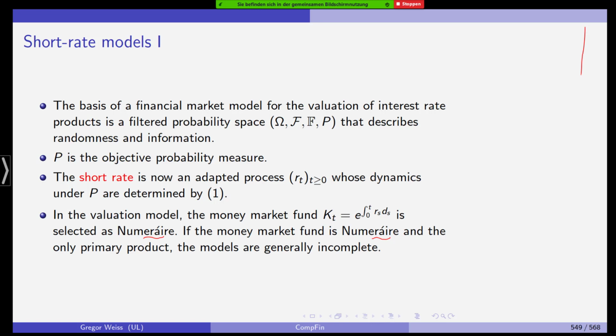You take a risk-free money market fund, in this case K_t, and you take the price of this risk-free money market fund, and you express all prices of risky assets as multiples of the numeraire. In this way, you standardize all prices using the risk-free rate. This is done almost always in financial mathematics.